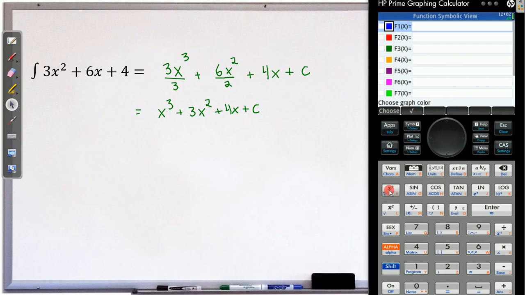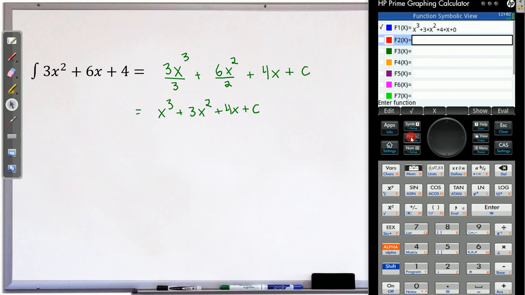So x cubed plus 3x squared plus 4x. I guess I don't need to put plus 0. So there's my first graph.